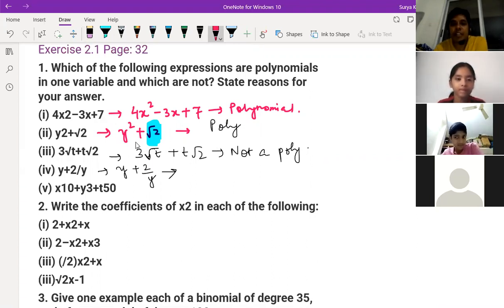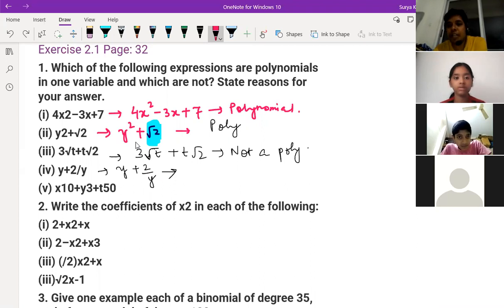First of all, children, what to do? Sriyanvi, you tell the last one. It's not a polynomial because the variable is in a fraction. Variable in a fraction? The variable's power should be in a fraction, right? Yeah. But here the variable's power is how much? 1.